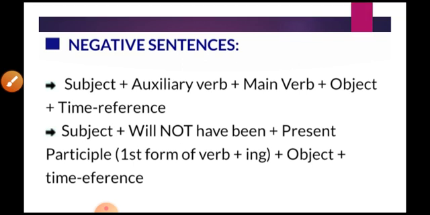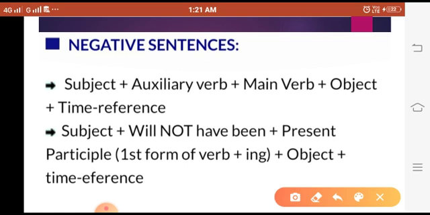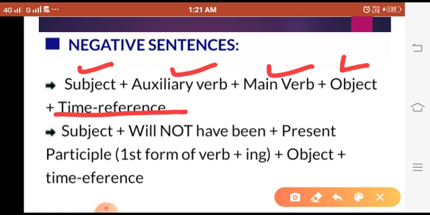Now we will discuss the way of forming sentences in negative form in future perfect continuous tense. First subject, then auxiliary verb, then main verb, then object with time reference. The auxiliary verb which is used while forming negative sentences in future perfect continuous tense is will not have been.